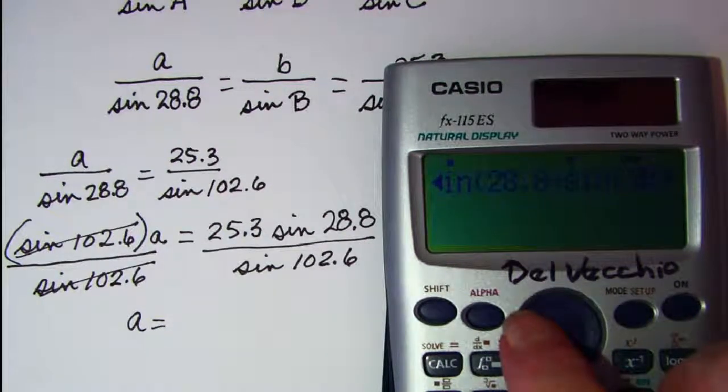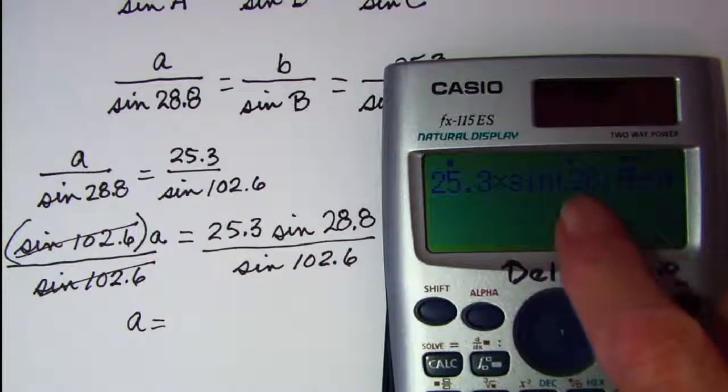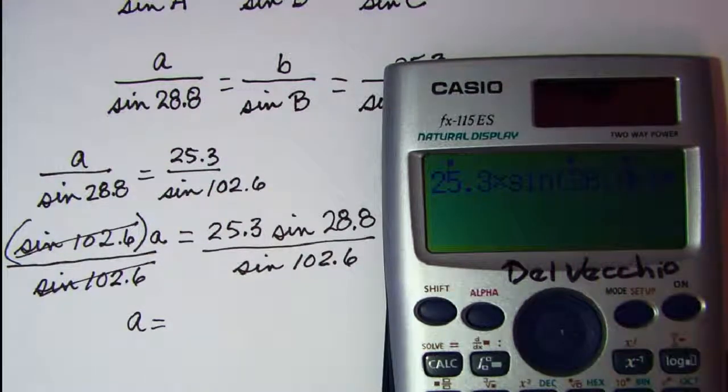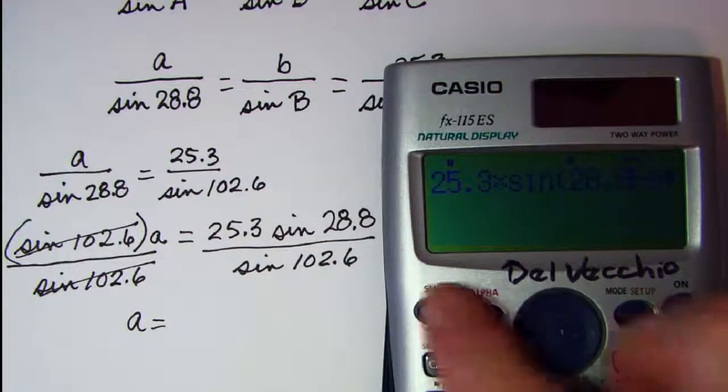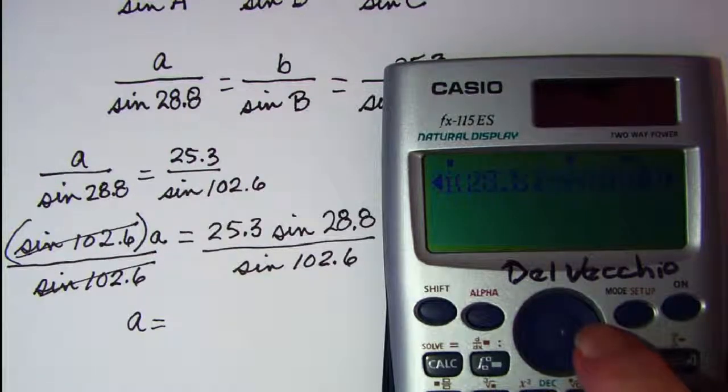So at this point I wanted the sine of 28.8, and I need to close my parentheses there, and then divided by.